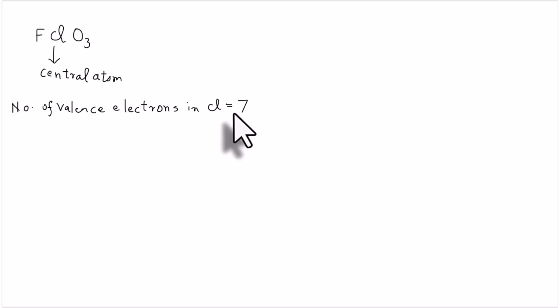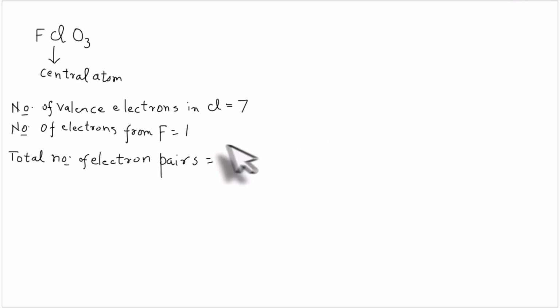Now how many electrons are gained through other atoms? Oxygen we will omit here again due to the presence of the double bonds, and we will consider only the electrons gained from fluorine. So it will be 1 fluorine, 1 electron. Now the total number of electron pairs: 7 plus 1 by 2 is 4.